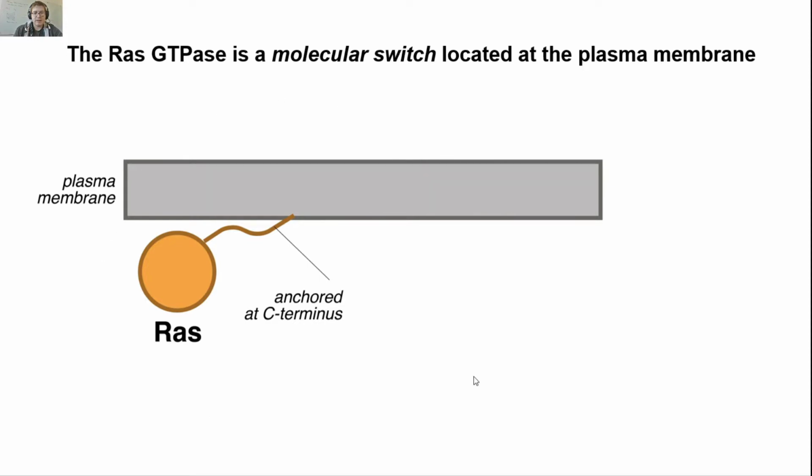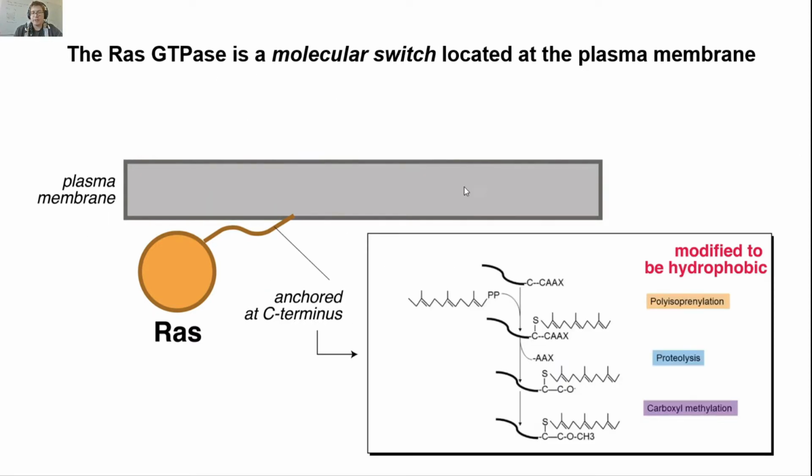And Ras is anchored to the cytoplasmic side of the plasma membrane through its C terminus. So this isn't a protein that's embedded in the membrane with a transmembrane helix. Instead, the C terminus of Ras undergoes post-translational modifications that make it much more hydrophobic so that it can associate or insert this C terminal piece into the plasma membrane, anchoring it in this location.